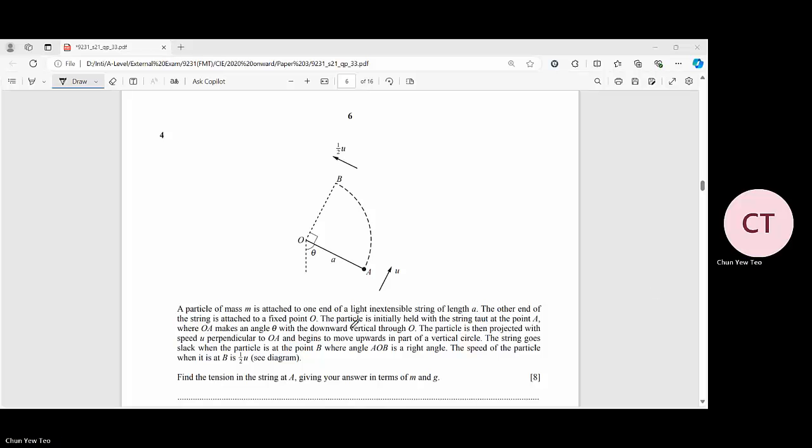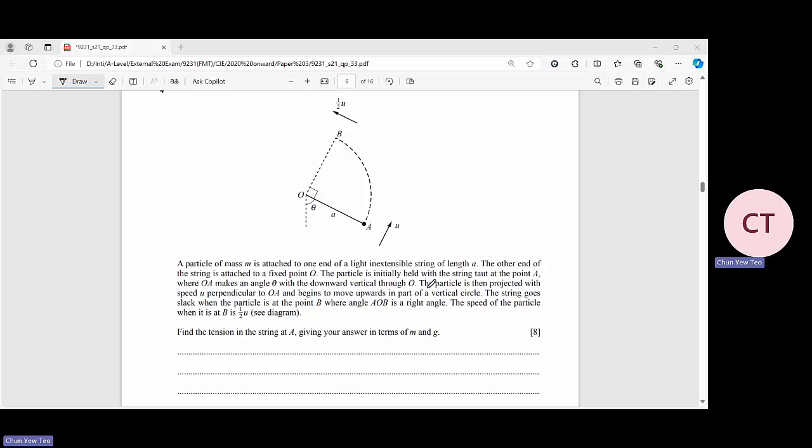Okay, let's take a look at question number 4. A particle of mass m is attached to one end of a light inextensible string of length A. The other end of the string is attached to a fixed point O. The particle is initially held with the string taut at the point A, where OA makes an angle theta with a downward vertical through O. The particle is then projected with a speed u perpendicular to OA and begins to move upward in part of a vertical circle.